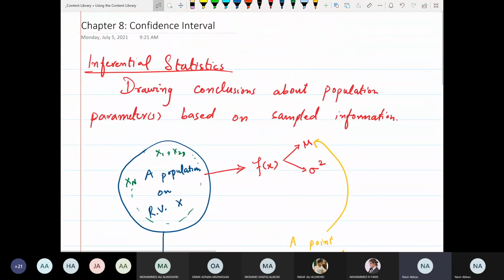I'm doing this, what I wrote in the red color. I'm saying something about the population parameter based on sample information. So I'm doing inferential statistics. This is called inferential statistics. I'm drawing inference about population parameter mu based on the sample information.